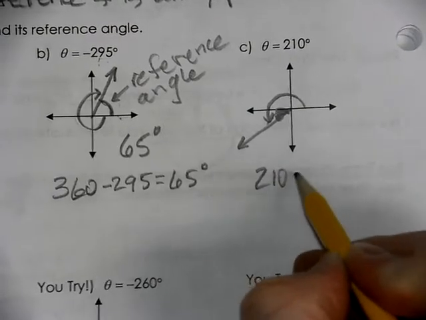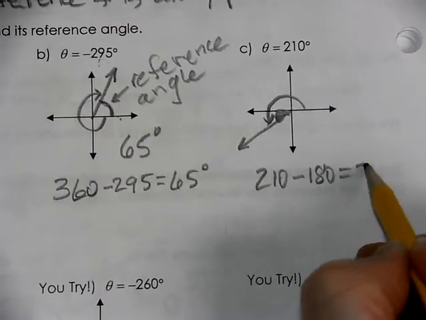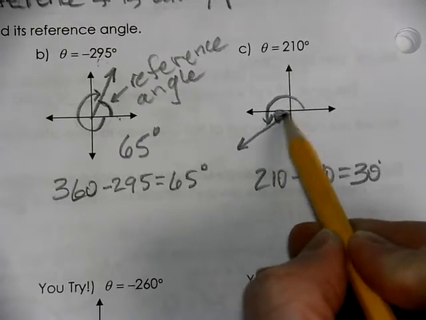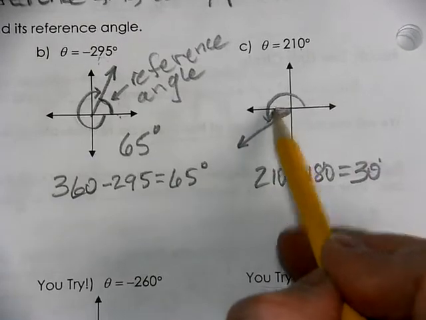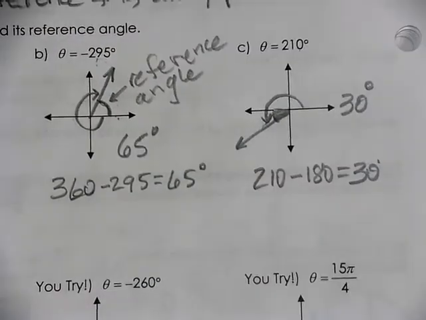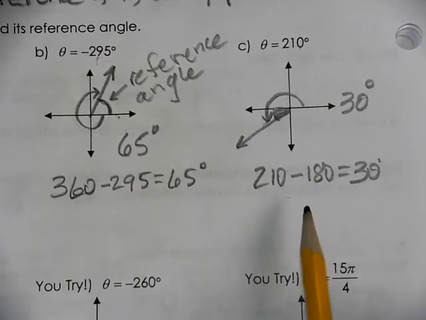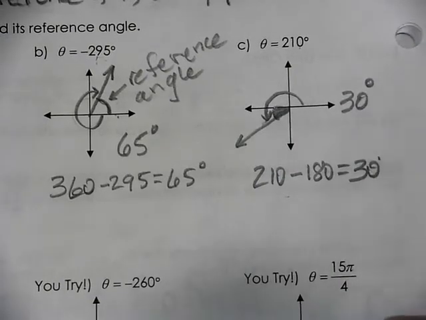So if you take your 210 and subtract what it takes to get there, that gives you 30. Mentally, you can realize that 210 is 30 degrees past it, so it's a 30-degree reference angle. You don't have to use these formulas. I'm not a fan of the formulas, but they're there to support us if you are.